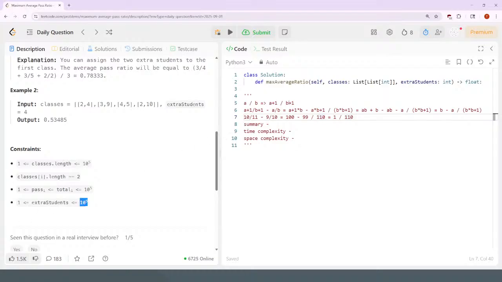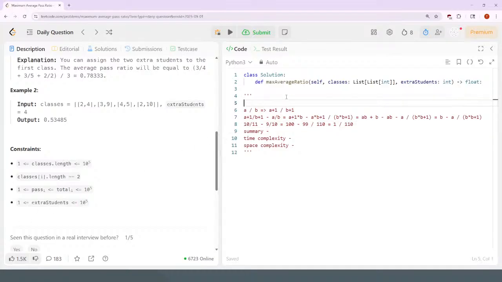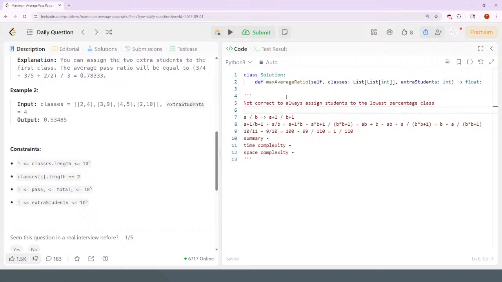So it's not correct to always assign students to the lowest percentage class. I think you do want to assign to the class that gives you the highest increase.